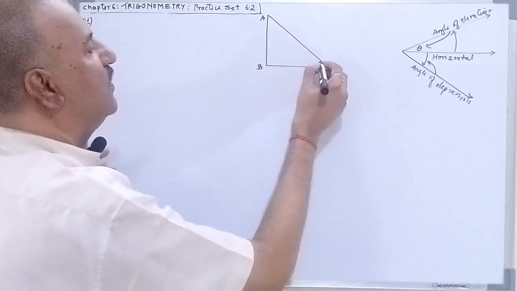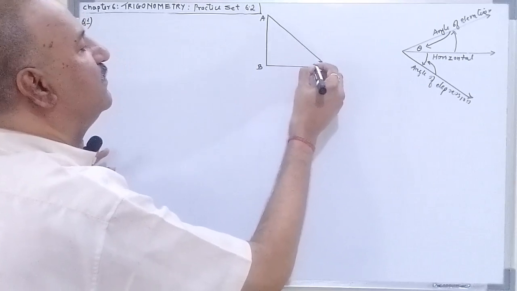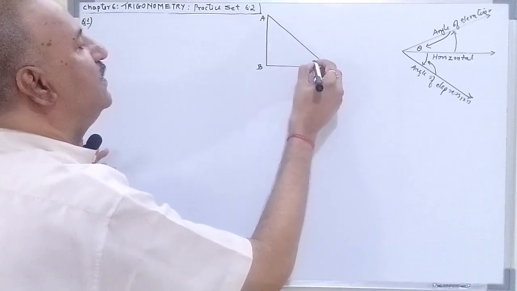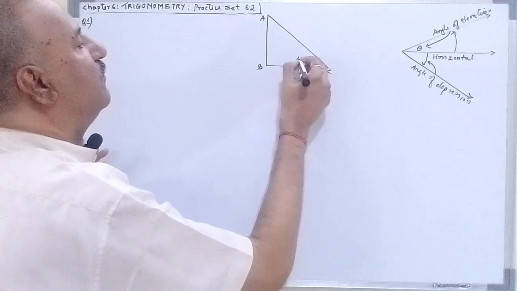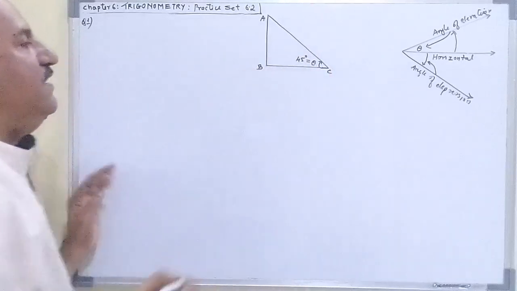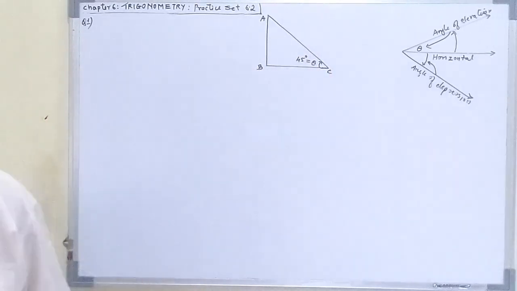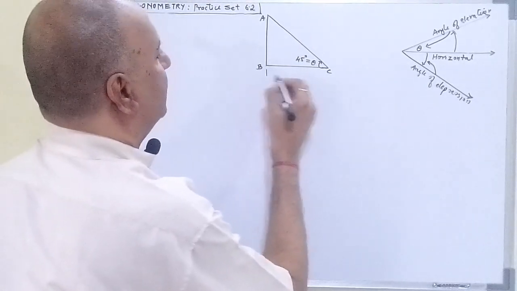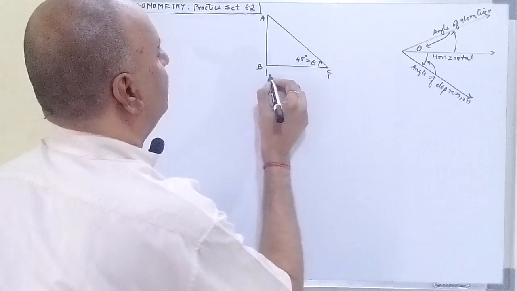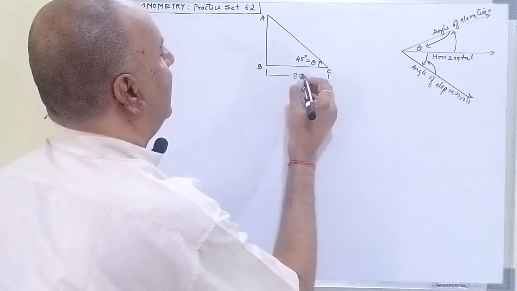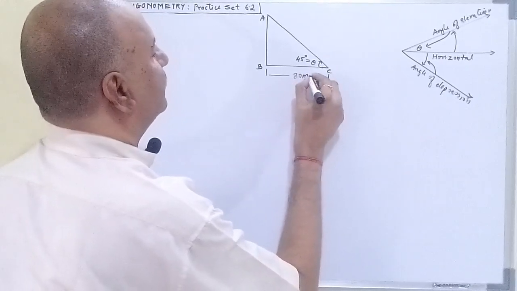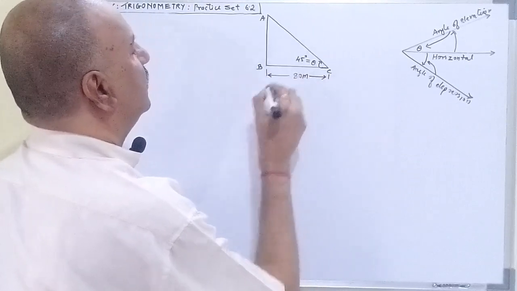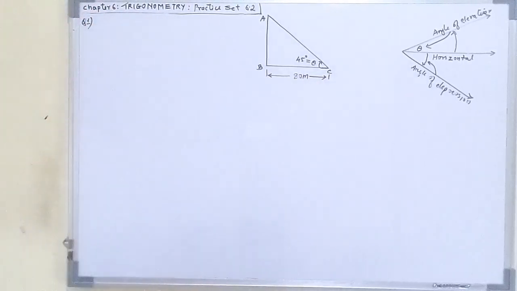So this will be the angle of elevation, theta, 45 degrees. ये angle of elevation हो गया. The distance between the person and the church, ये जो distance है वो 80 meters है.